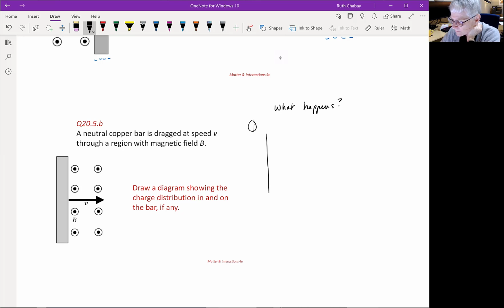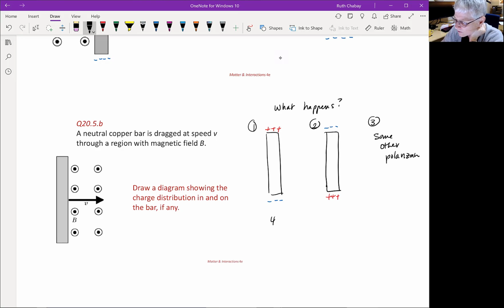One is the bar polarizes like this. Two is the bar polarizes like that. Three is some other polarization. And four, I lied, there are four alternatives, is nothing happens. So the bar doesn't polarize at all.